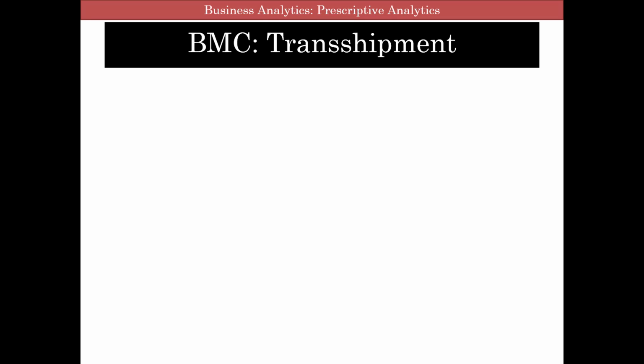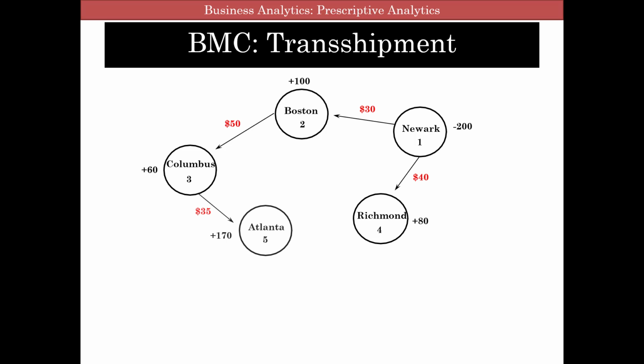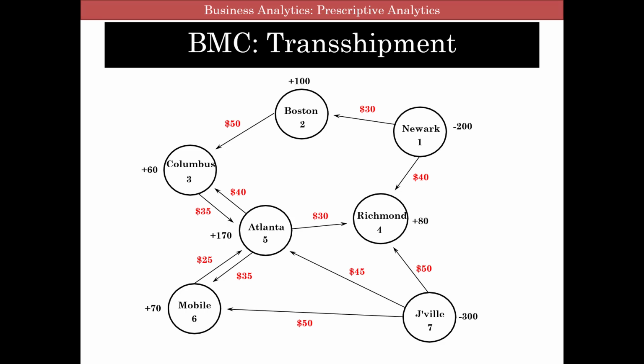Let's visualize this problem. We have New York with 200 cars, and you can send them to Boston or Richmond. It goes to Columbus, Atlanta. Atlanta can go back to Columbus and Richmond, and goes to Mobile too. Mobile goes back to Atlanta. And Jacksonville sends cars to Richmond, and so on.